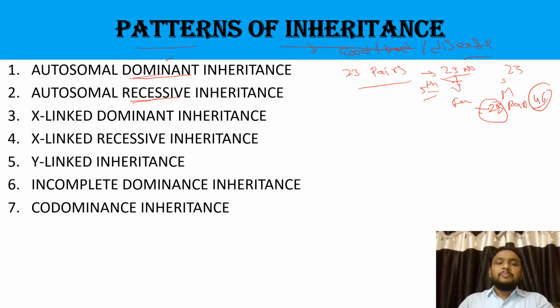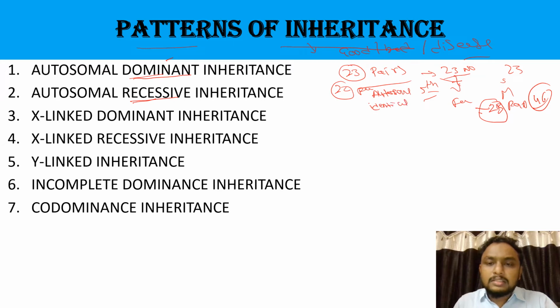In a normal human being, I told you already, 23 pairs are there. Out of these 23 pairs, only 22 pairs are autosomal. These are identical, the same type of chromosomes. Only the 23rd pair is related to the sex-linked chromosomes.